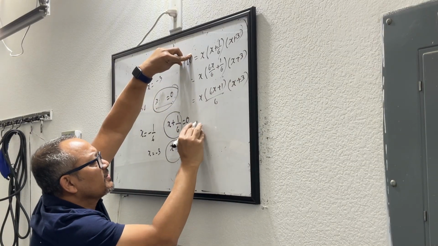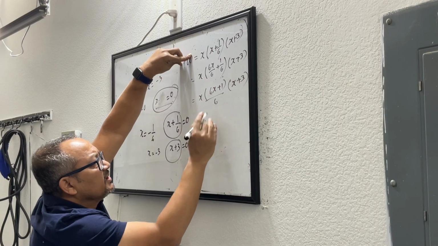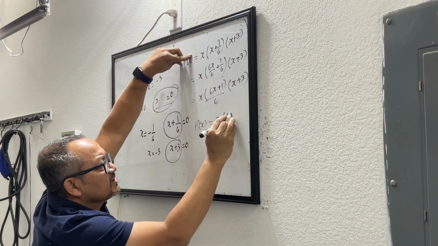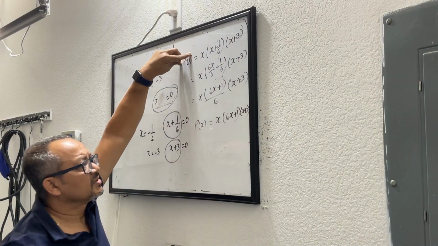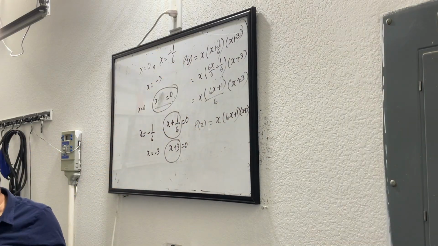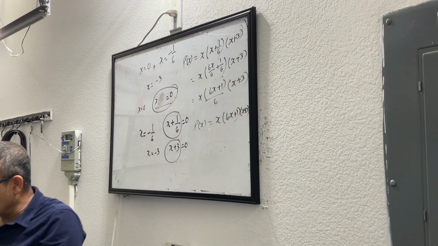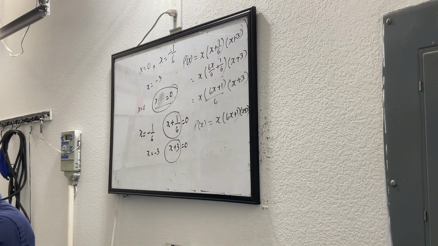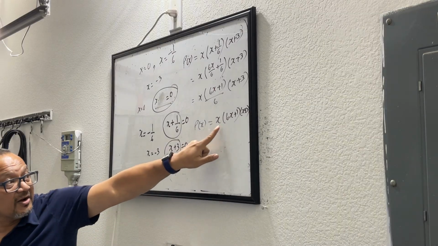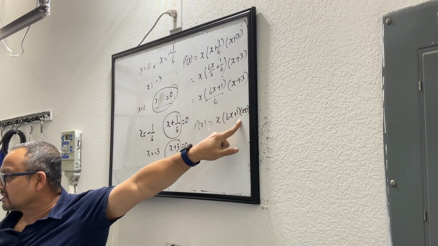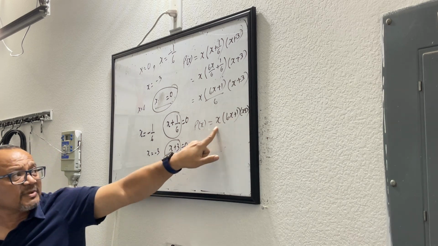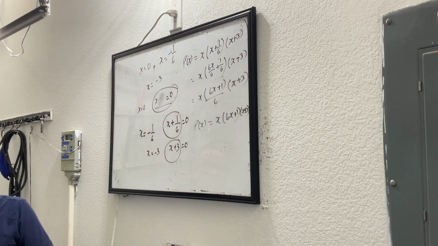So you can get rid of this, or if you want to keep it, that's fine. Now when I go back to the options, option A was x times 6x plus 1 times x plus 3. This is matching with this one, so we'll go with this.